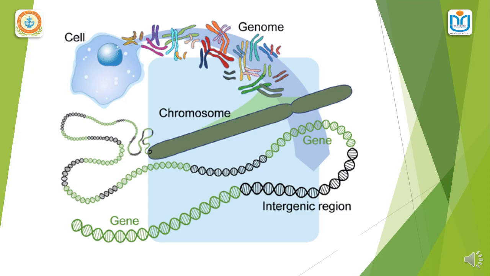So how will this long genetic material be incorporated within the nucleus of a cell? The genetic material forms coils and coils, and it coils again and again and forms compact structures called chromosomes. We have 23 pairs of chromosomes, and these chromosomes are packed into the nucleus of our cell.